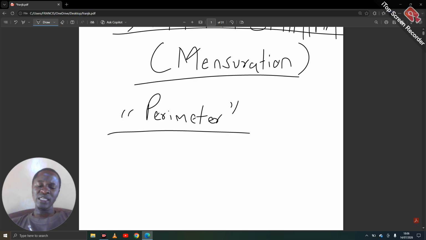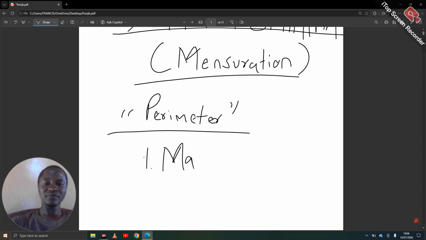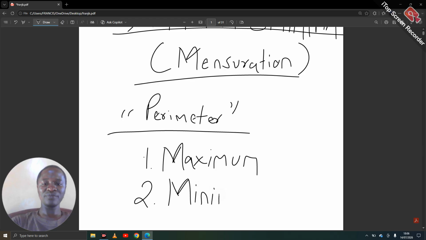This part involves the use of only two words you will encounter in these maxima and minima questions. Number 1, that is maximum. Number 2, that is minimum.